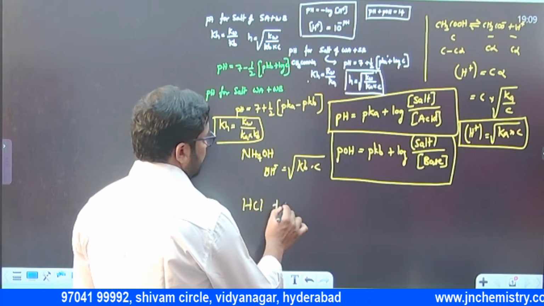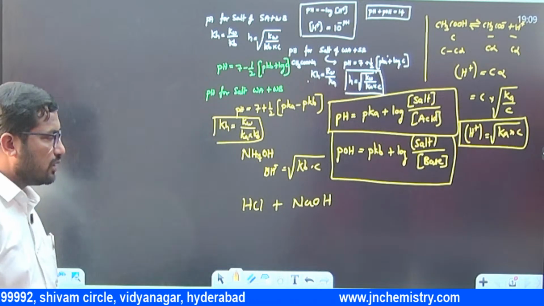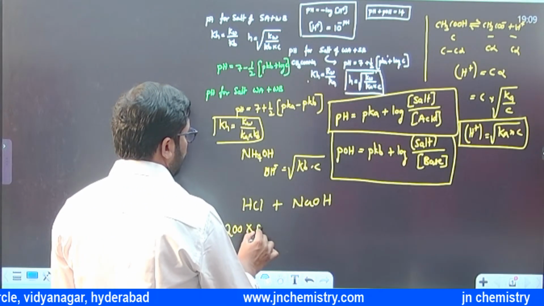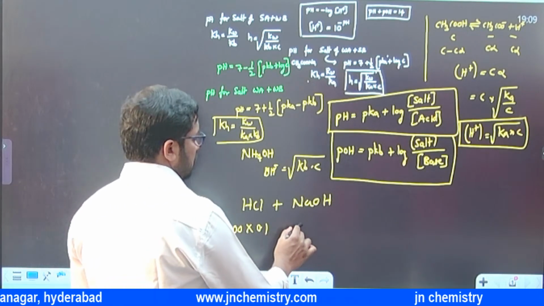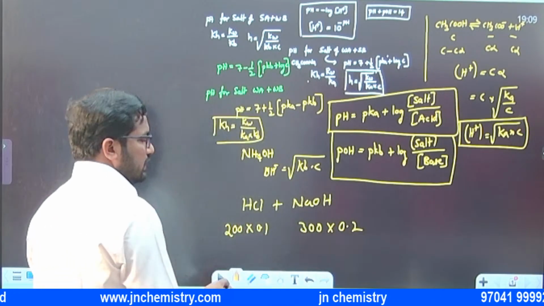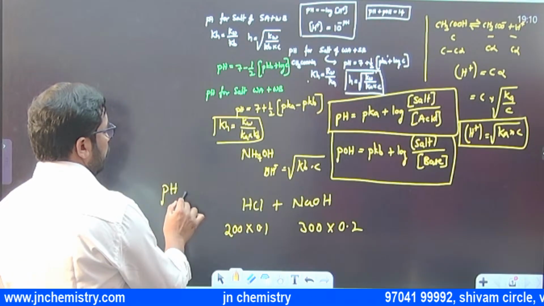HCl plus NaOH, both concentrations are given. For example, this is 200 ml of 0.1 molar. This is 300 ml of 0.2 molar. So what is its pH? Come on, do this calculation.